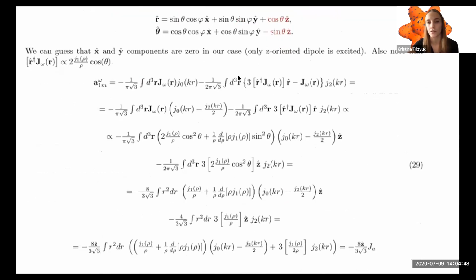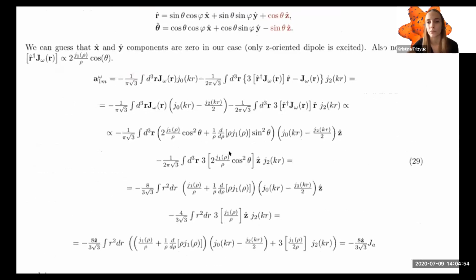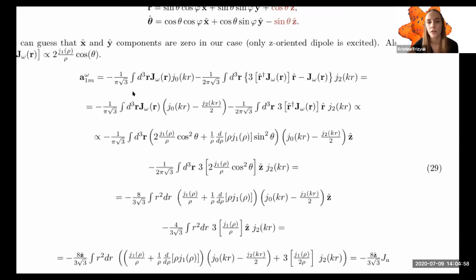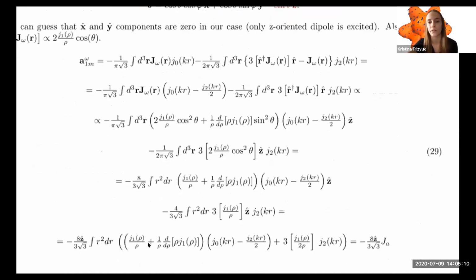You can just check it by this formula. Here, all the derivations are shown. And here we just leave the integral over the radius of these Bessel functions. And this is exactly what you see in the code on electric dipole. Only this integral is left.